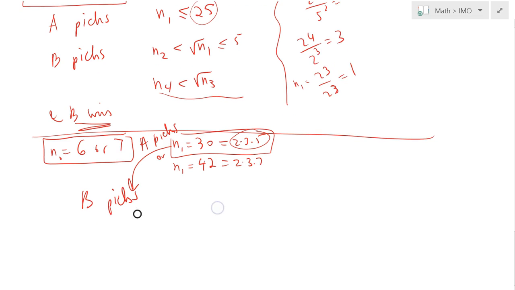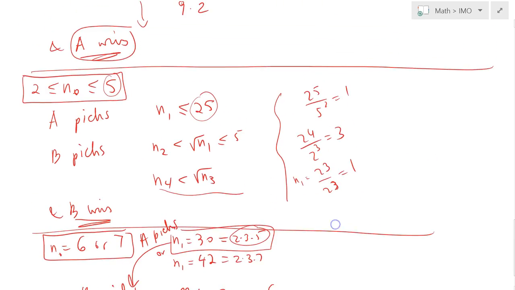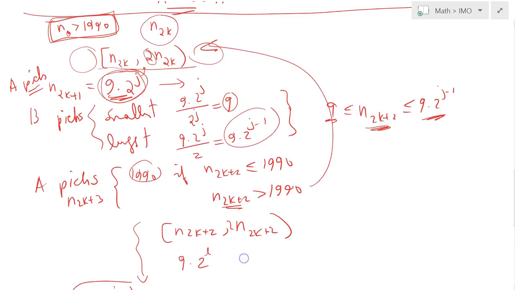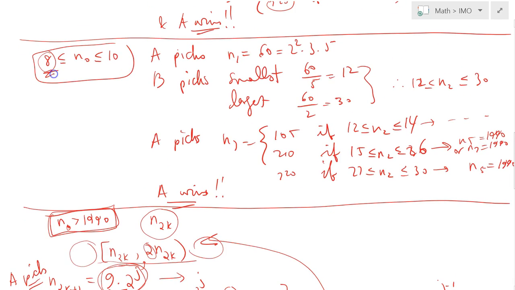Then the smallest that B can pick would be 30 over 5, which is 6. Okay, we go back to the original situation. The largest that B can pick would be 30 over 2, which is 15. Obviously, B will never do that because B knows that anytime we pick something greater than or equal to 8, A wins, right? So we have investigated that.